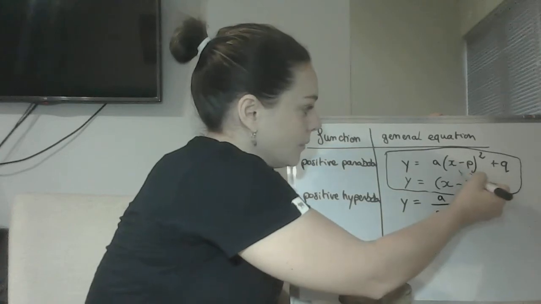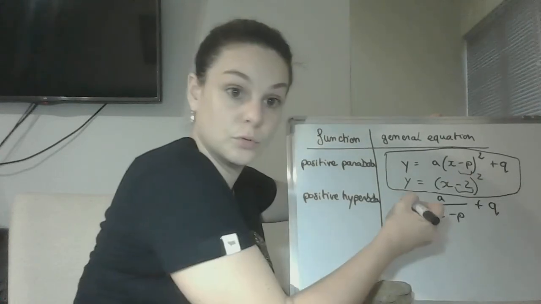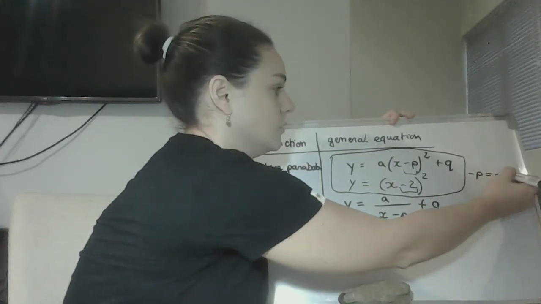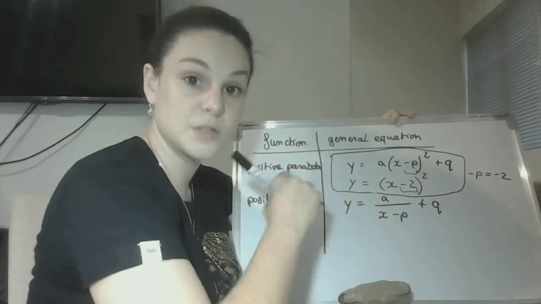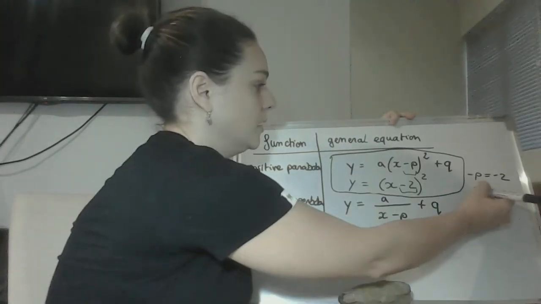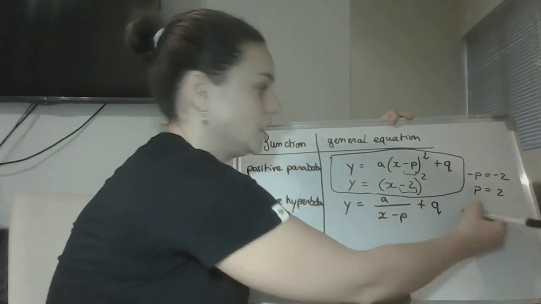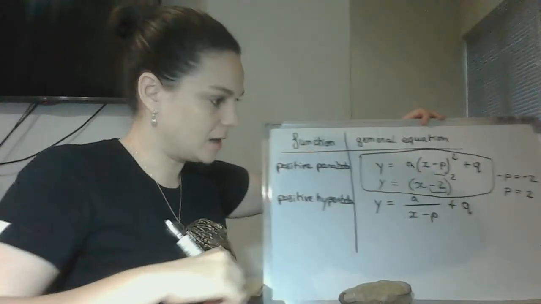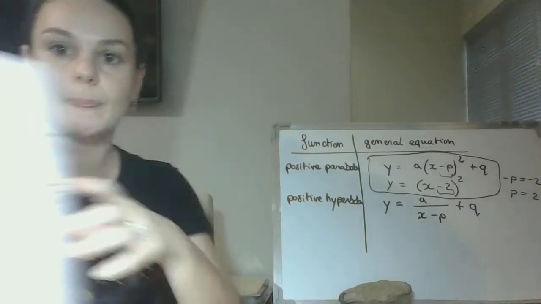You see, minus p is the minus 2. So if I write it, minus p equals minus 2, the p has the opposite sign, so the p is 2. It's a shift 2 units to the right. Check in your diagram. Compare the pink and the green.